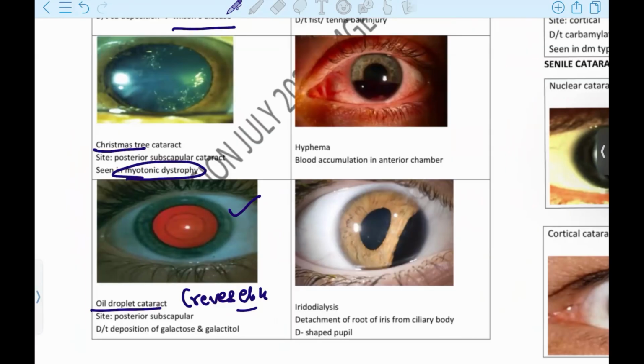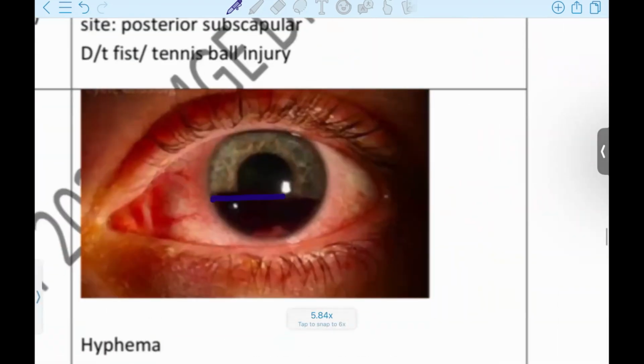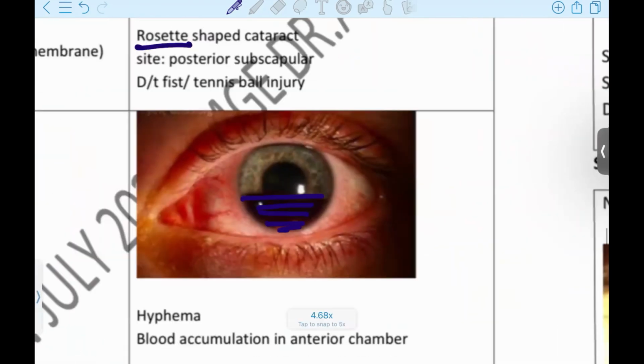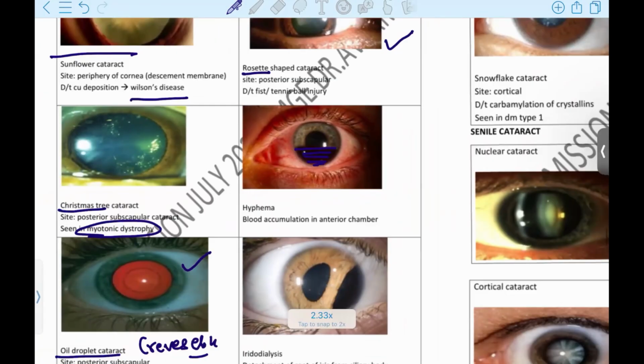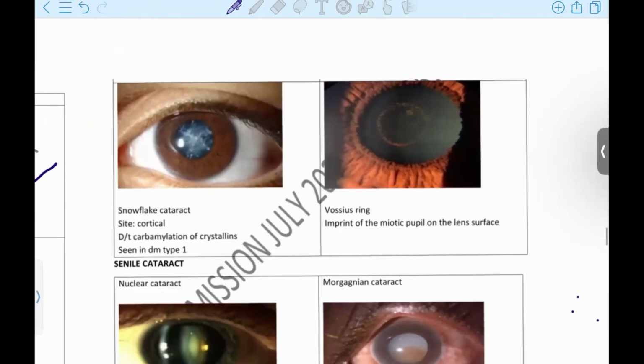Other features of trauma, not only rosette cataract: the patient will also have hyphema. Here you can see blood accumulated in the anterior chamber. Next, iridodialysis, where your iris is dislodged and leads to a D-shaped pupil. Along with that, the patient may also have Vossius ring, an imprint of the miotic pupil on the lens surface.